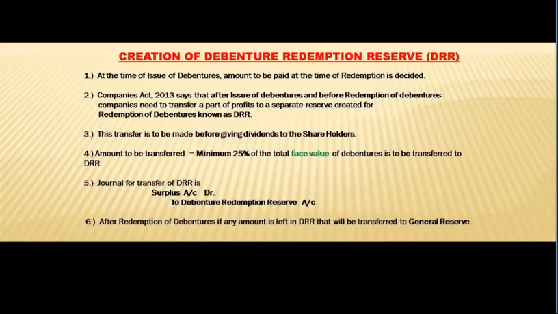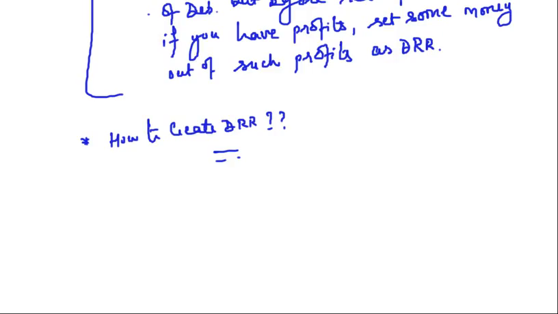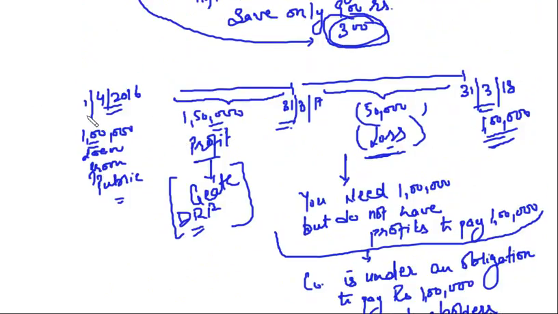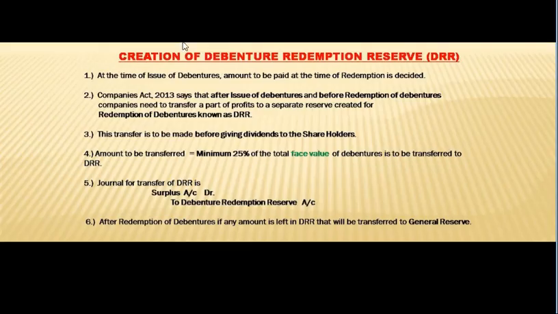At the time of issue of debentures, the amount to be paid at the time of redemption is decided. That we all know. The Companies Act 2013 says that after issue of debentures and before redemption of debentures, that is, after 1/4/2016 but before 31st March 2018, clear?